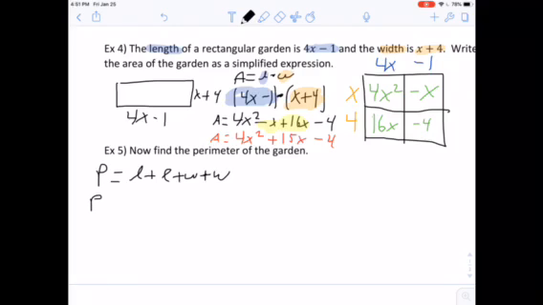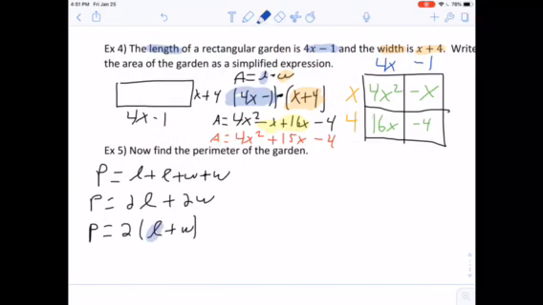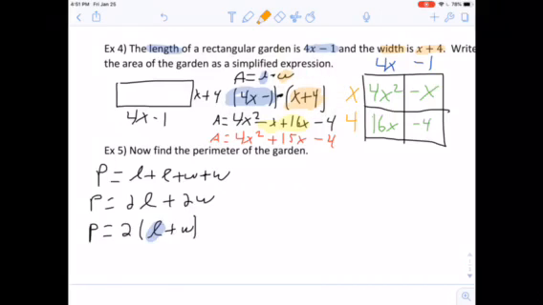But in other words, perimeter is just 2L plus 2W. And perimeter can just be 2 times L plus W. But that being said, I have already simplified or color-coded my length and width. Let's use that equation and plug in some numbers.